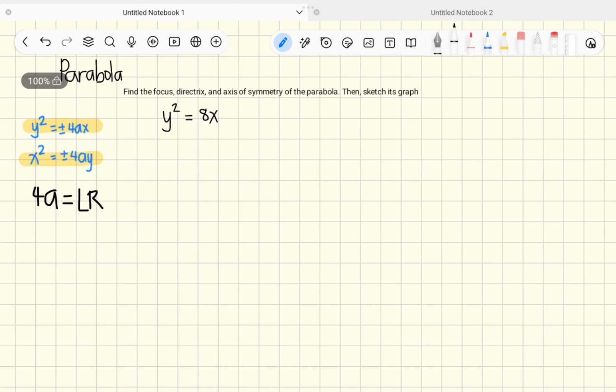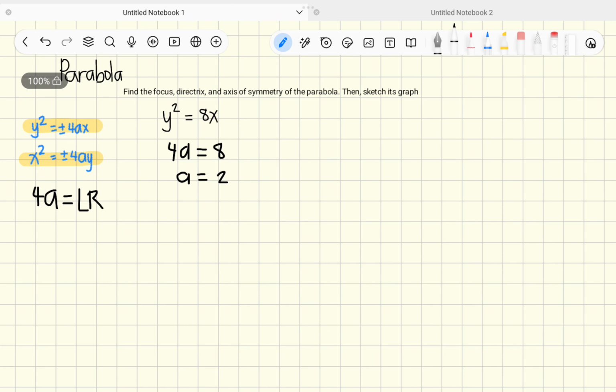So since 4a equals 8, then the parameter a is equal to 2. Meaning, the distance from the vertex to the focus is 2 units, as well as from the vertex to the directrix.